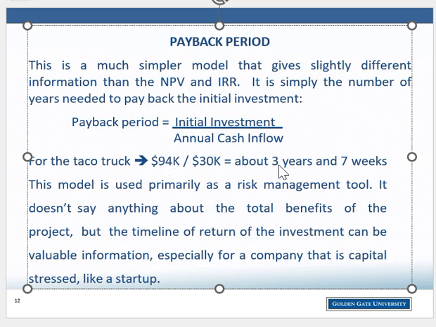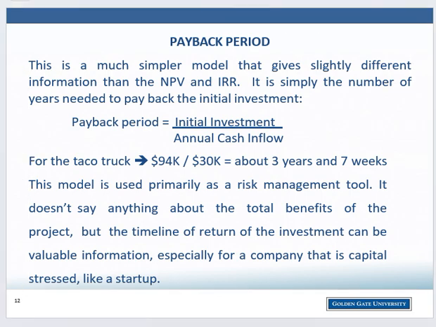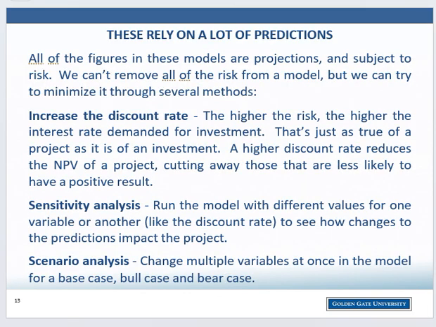It pays me back in about 3 years and 7 weeks, like roughly 3 years. But I was going to operate it for 5 years, which means I will still make money. It will pay back at the end of 3 years, and then after that I will be making money. So those are the main ways to calculate a project's feasibility.